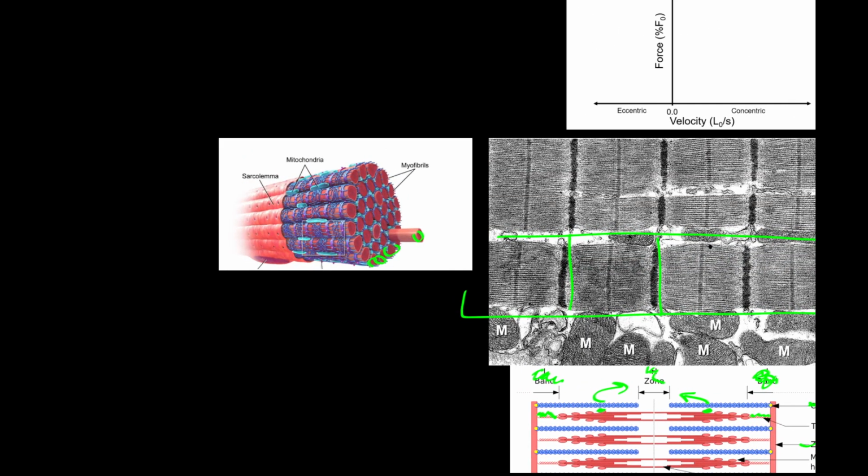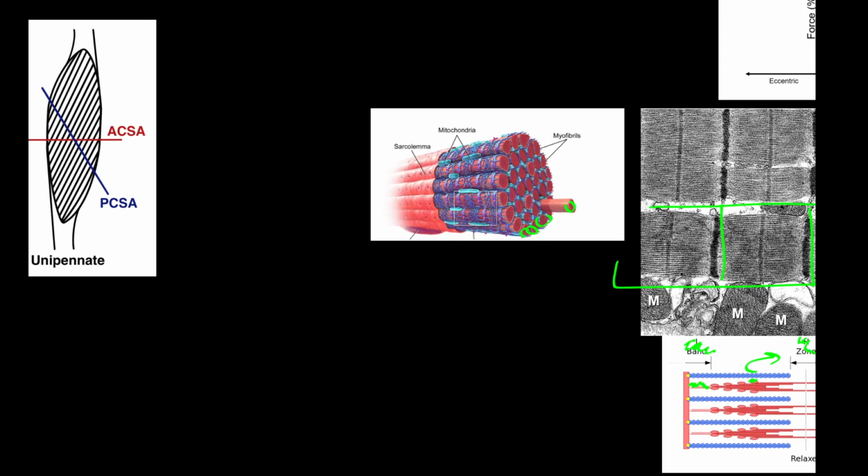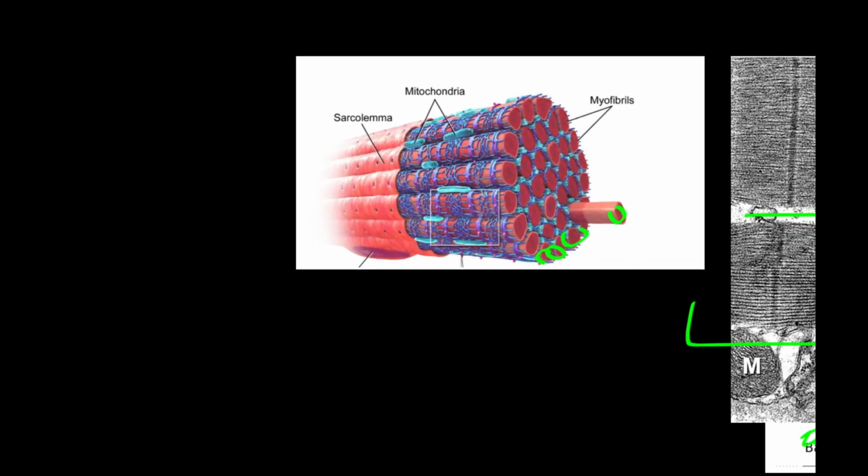So we also talked about some of the things that are missing from, or maybe not labeled here. Maybe we can label them. This stuff, this kind of netting that's going around these myofibrils, that was the sarcoplasmic reticulum.